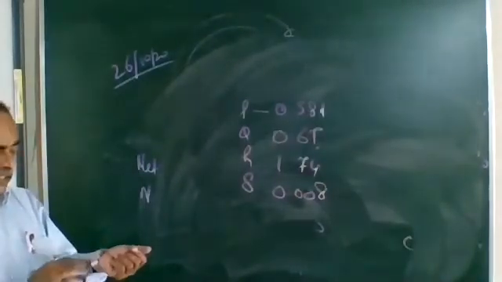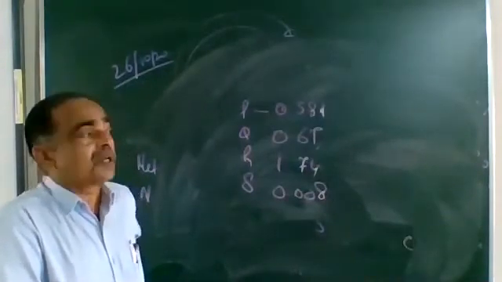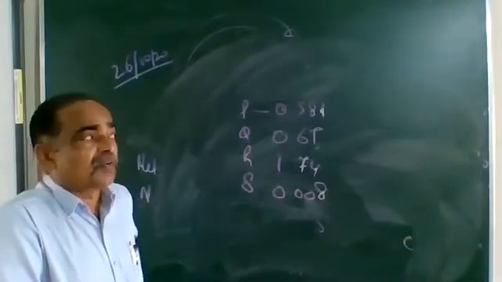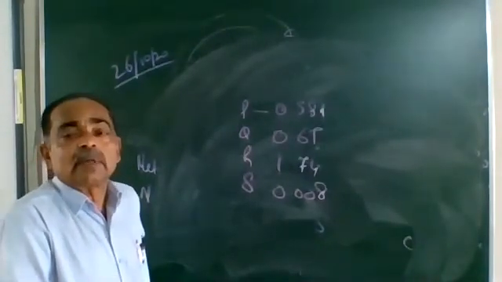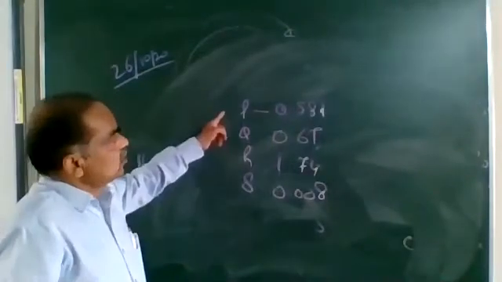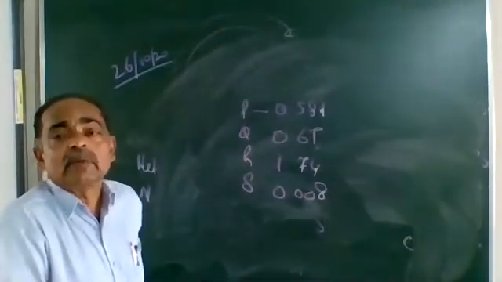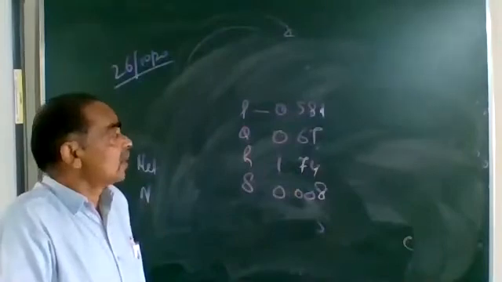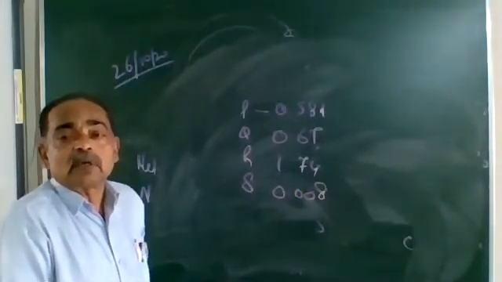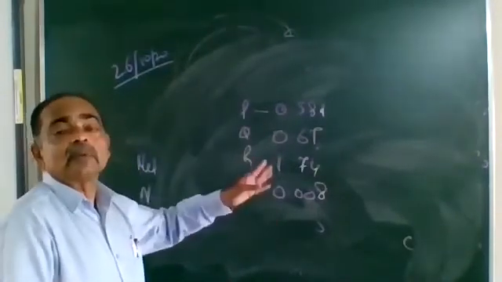The question is you will be asked to arrange these elements, in a period if they belong to a particular period. What we have studied: going from left to right in a period, size of atom decreases. So you write them in descending order of size. That is the method of arranging elements in a period. And if they belong to a particular group, arrange them in a group. Going from top to bottom in a group, size of atom increases, so you write it in ascending order.